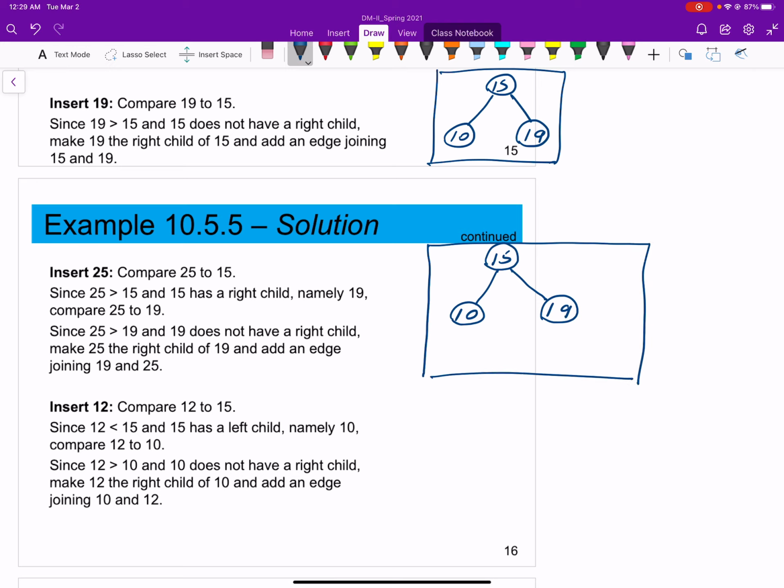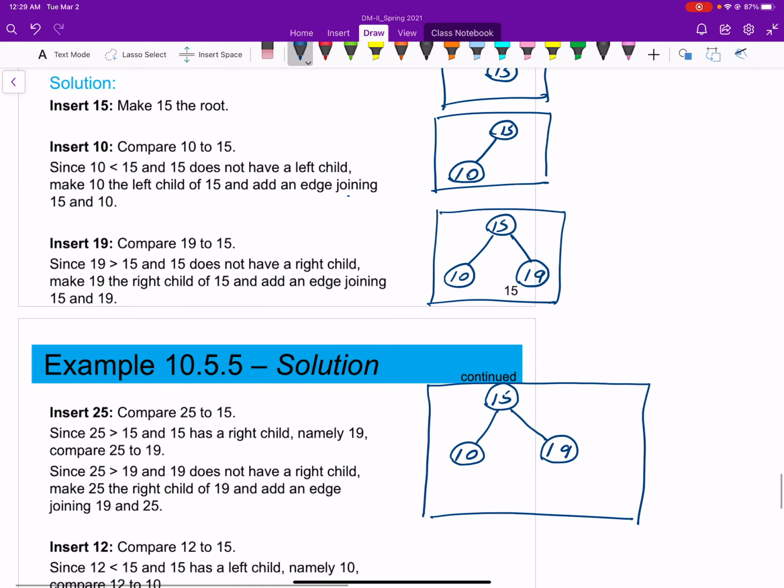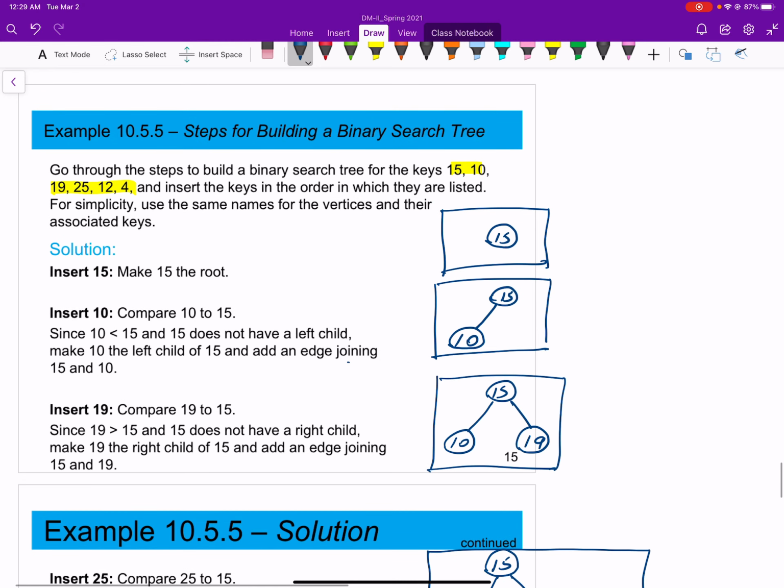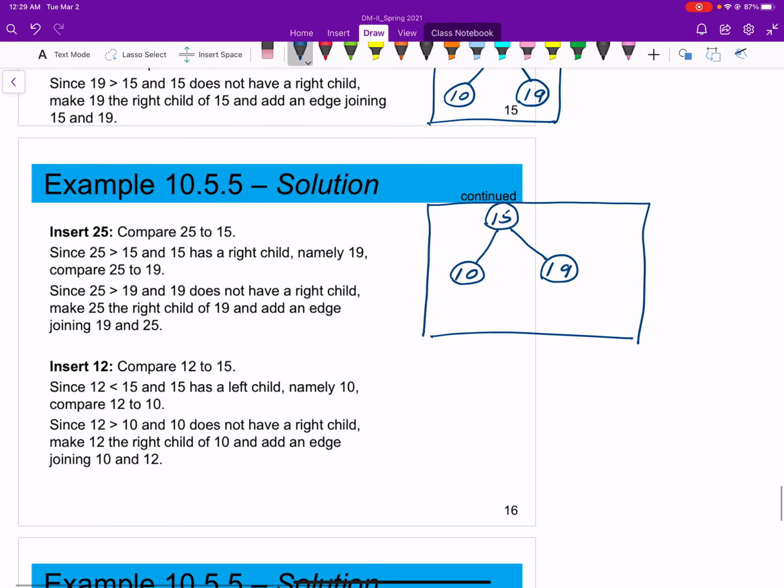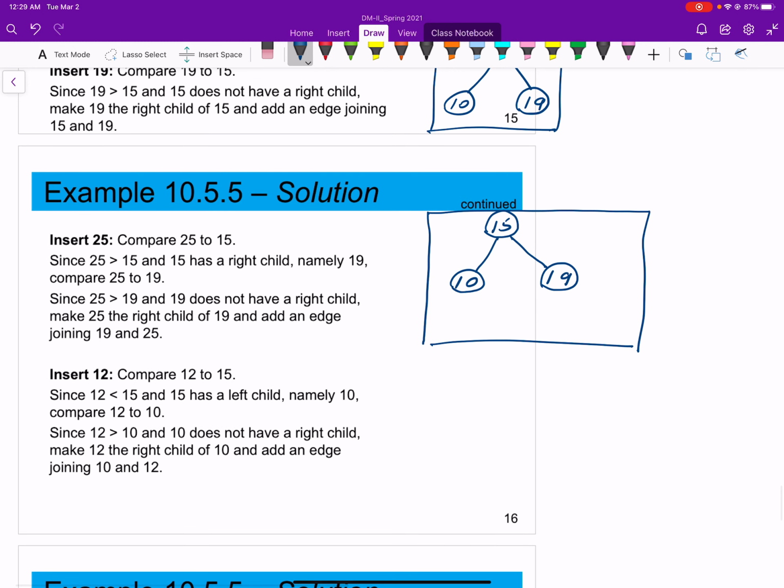All right, now you take 15. Next one is 25, right? So you take 25, you compare 25 with 15, which is the root. 25 is greater than 15. 15 has the right child, which is already 19. Then compare 25 with 19.